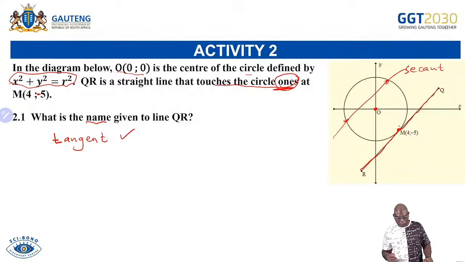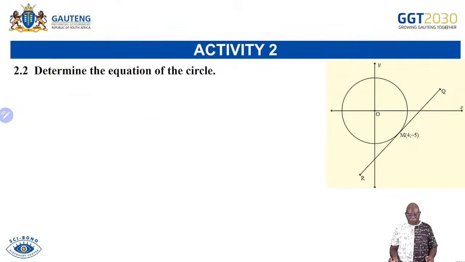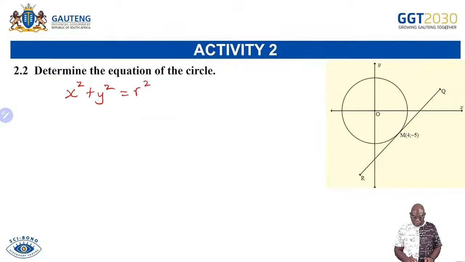Okay, let's go on with the question. 2.2, determine the equation of the circle. Already I'm given the equation of the circle, which is x squared plus y squared equals r squared. But I don't know what my radius is. What do I have there?